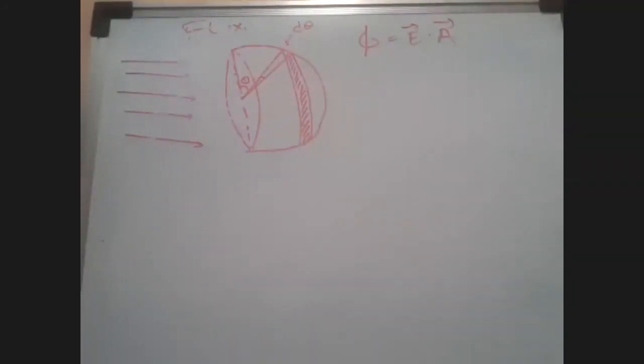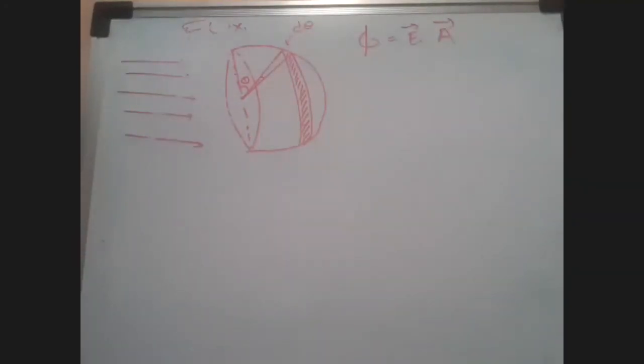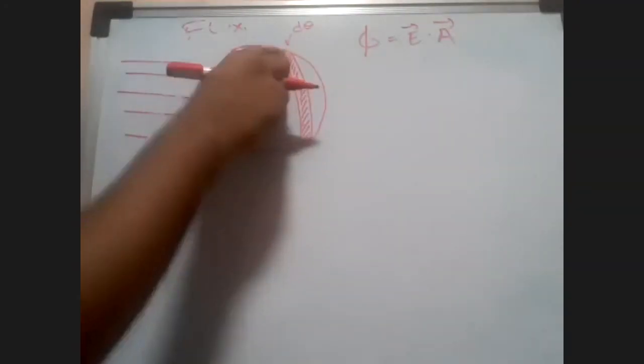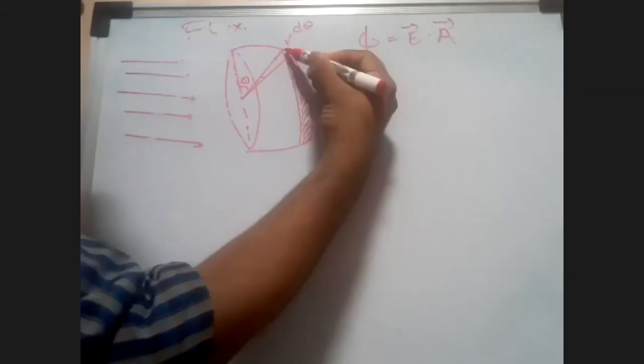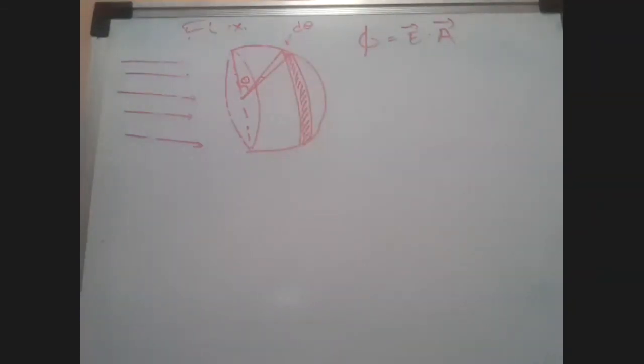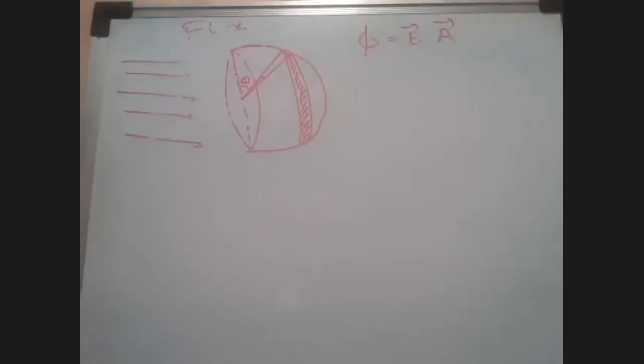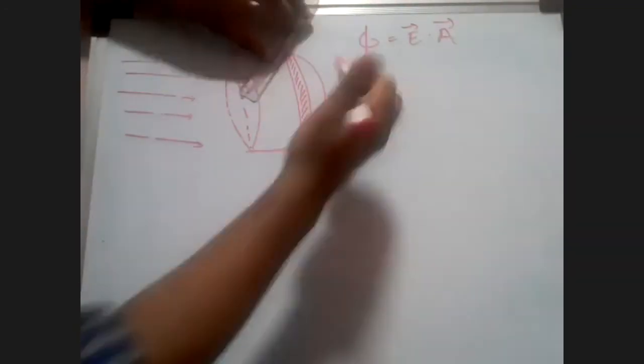Now look here. What is this point? Suppose, what is this small area vector over here? This small area is going to make an area vector in which direction? It's going to make it in the perpendicular direction. I told you that area vector is always perpendicular to the surface.